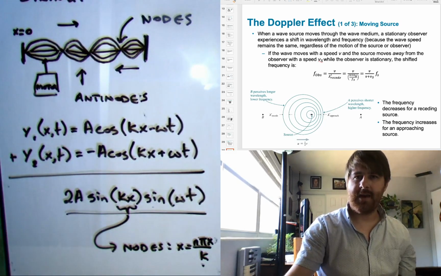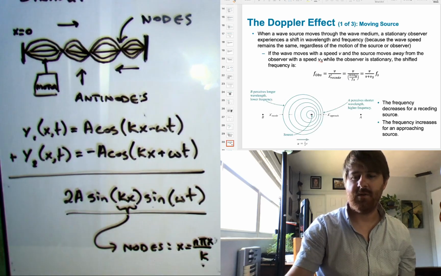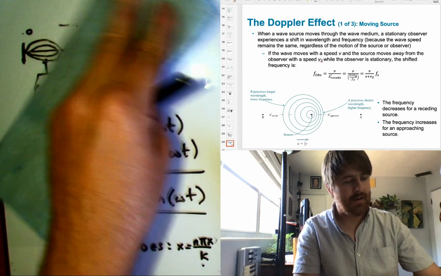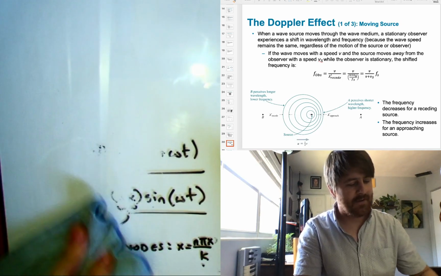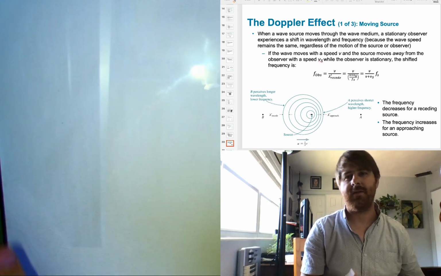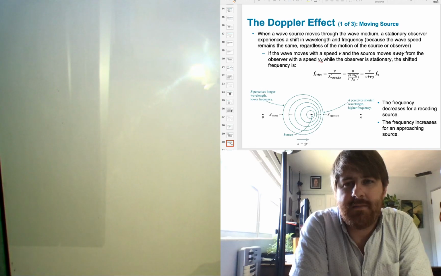Okay. Last topic I think we have for today is the Doppler effect, which is what happens if the source of waves is moving. And remember that the speed of waves depends only on the medium. So even motion of the source of waves will not cause the speed to change.